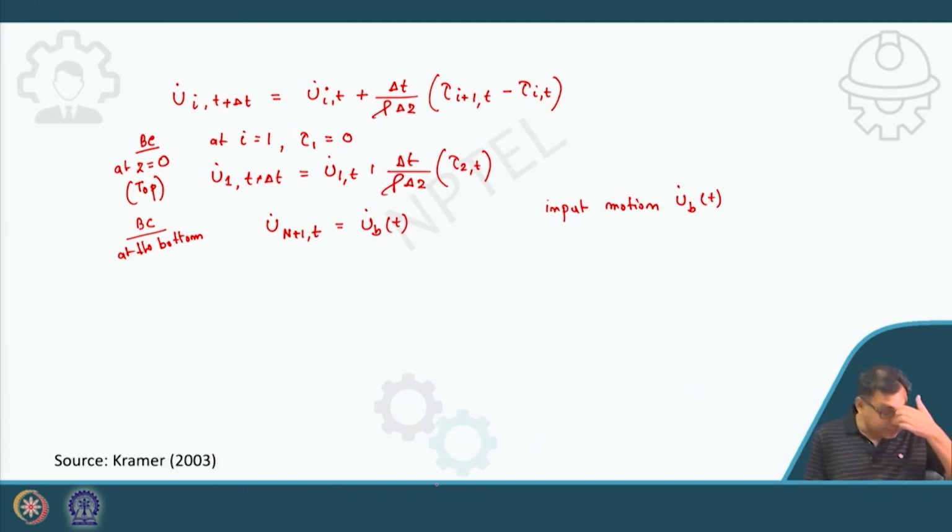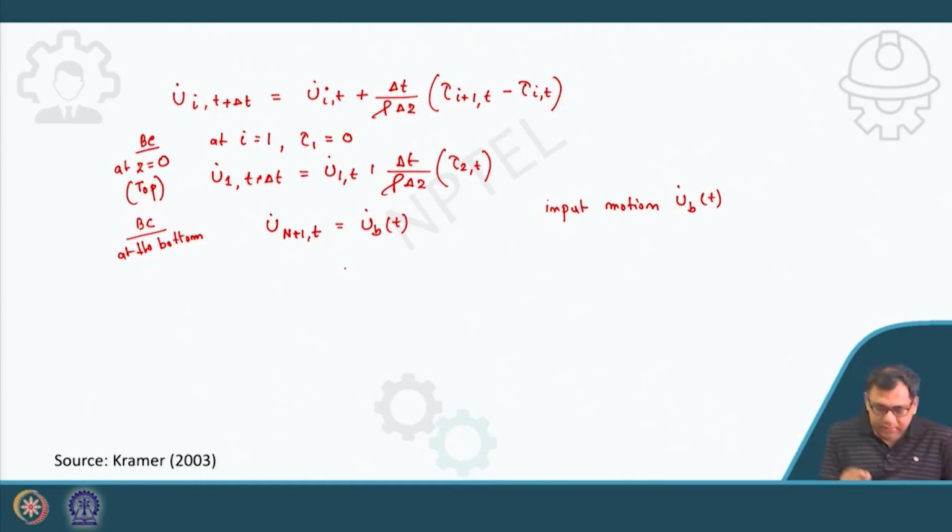Now, if the soil deposit is initially at rest, then u dot i at t will be 0. But when u_b dot at t has some velocity, then automatically this node will have some velocity, then u dot n at t, u dot n minus 1 at t and so on also have some non-zero value. That depends on this boundary condition.